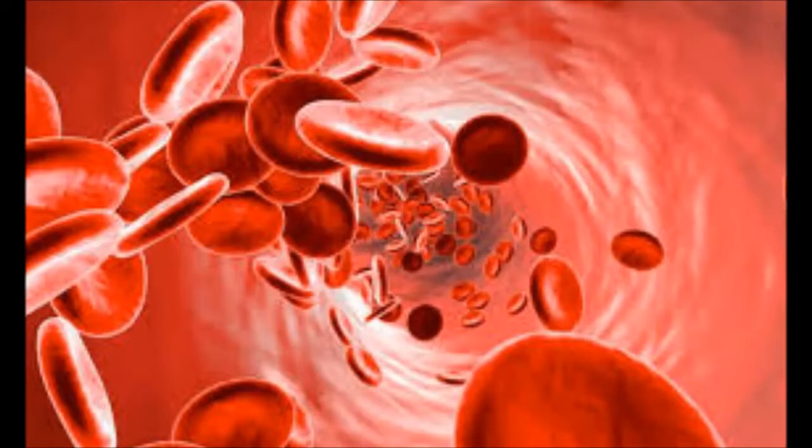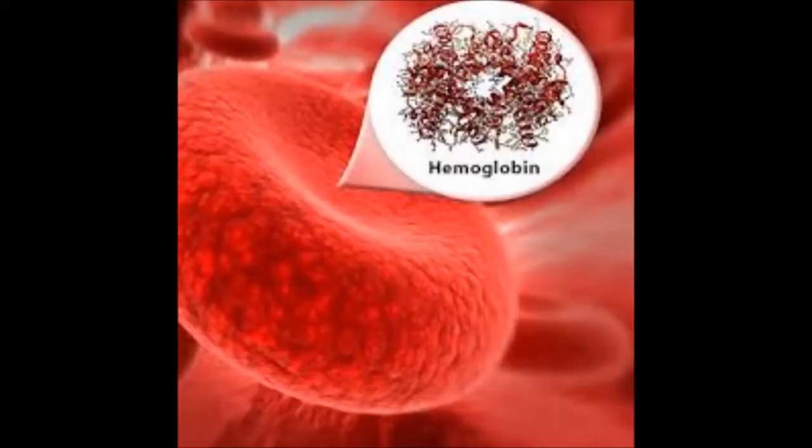When oxyhemoglobin dissociates to release oxygen to the tissues, it's called deoxyhemoglobin or reduced hemoglobin. The term oxyhemoglobin is not equivalent to oxidized hemoglobin. Hemoglobin doesn't lose an electron, so it can combine with oxygen.